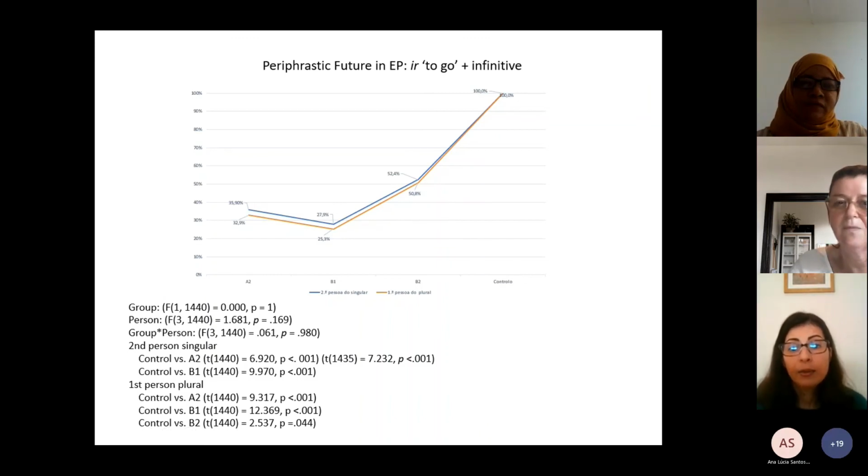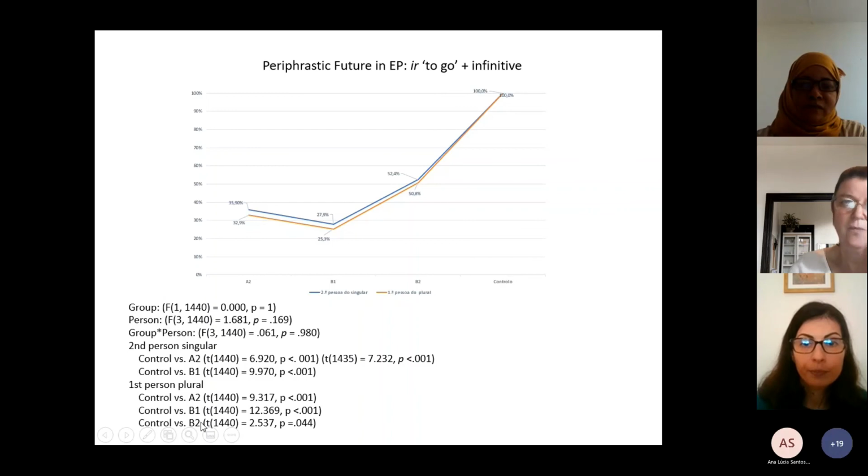So here we have the B2 group answering at a chance level, and the selection rates of the correct option in Portuguese for the A2 and B1 groups are very low. We found significant differences between the control group and the A2 and B1 groups with the second person singular and in the first person plural with all the L2 speakers groups.